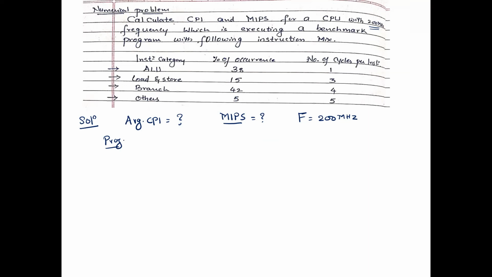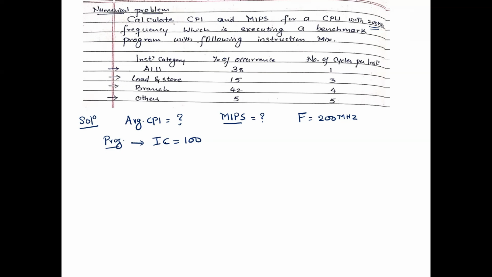Since they are telling us the percentage of occurrence, I will consider the program instruction count as 100. So a typical program, I'm going to consider instruction count as 100. Why am I considering 100? Because percentage is always with respect to the figure 100, right?